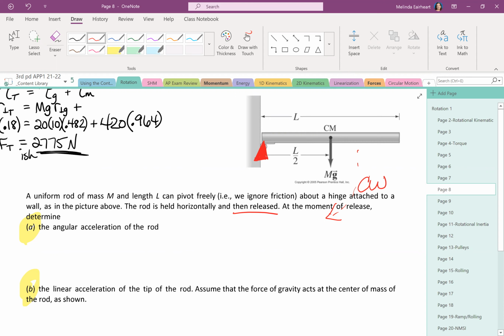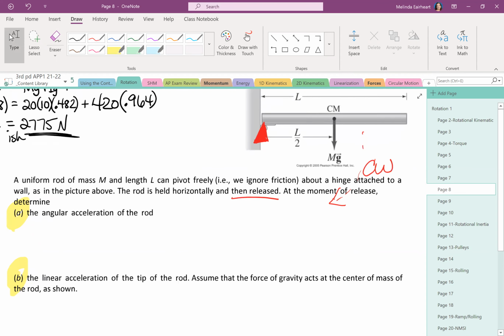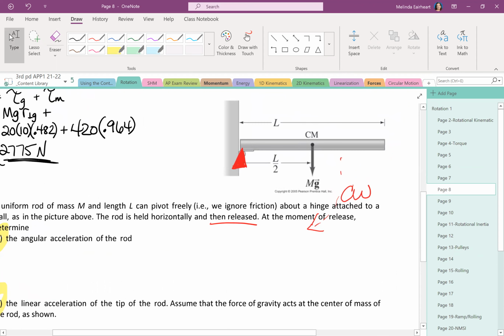And so angular acceleration happens because of a net torque. And so here's what we're going to do now. Always start with a force diagram. They've got the gravitational force from the center of mass. Check. What other forces are at work here? Well, initially someone's holding it, but we're going to look at it just after they let go.